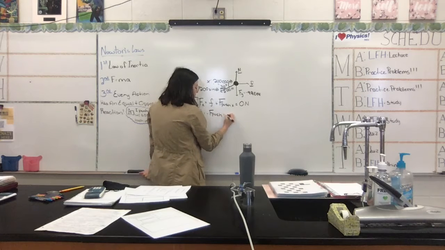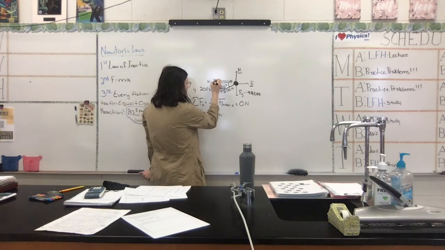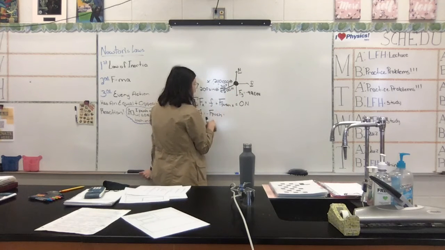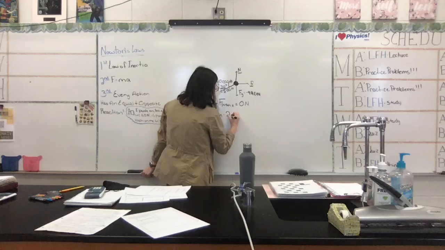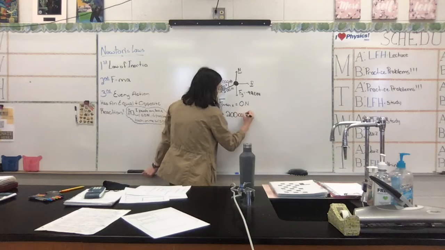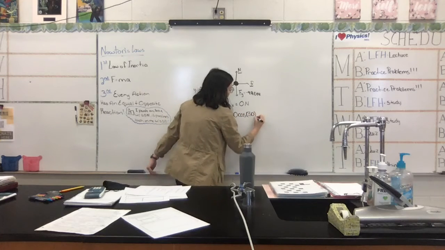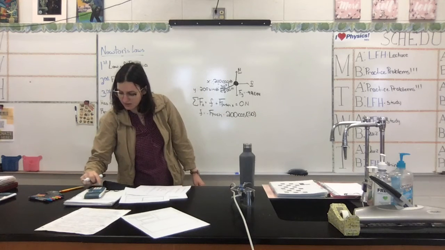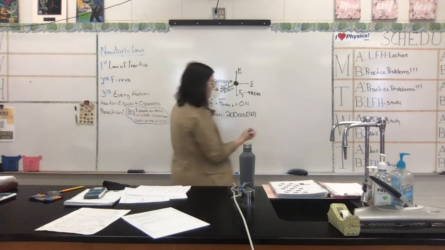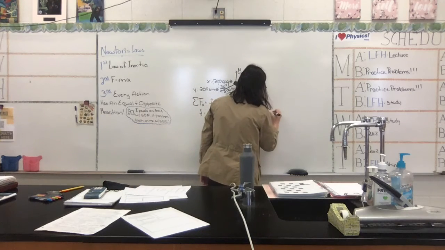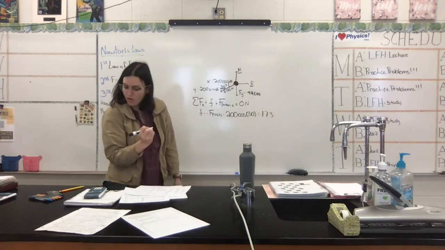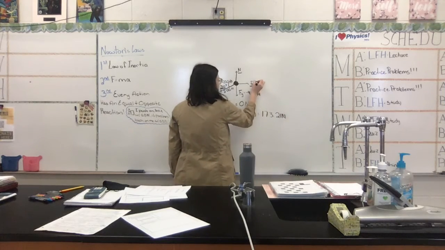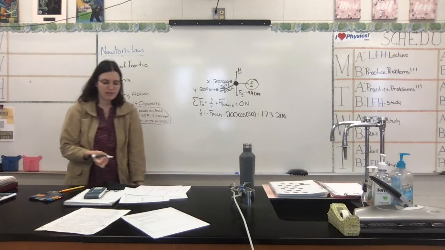Which means here the x and the y are both negative because it's in this third quadrant, so that will make this positive. So it'll be 200 cosine of 30, and 200 cosine of 30 is once again equal to 173.21 newtons. But this time it's in the positive direction.